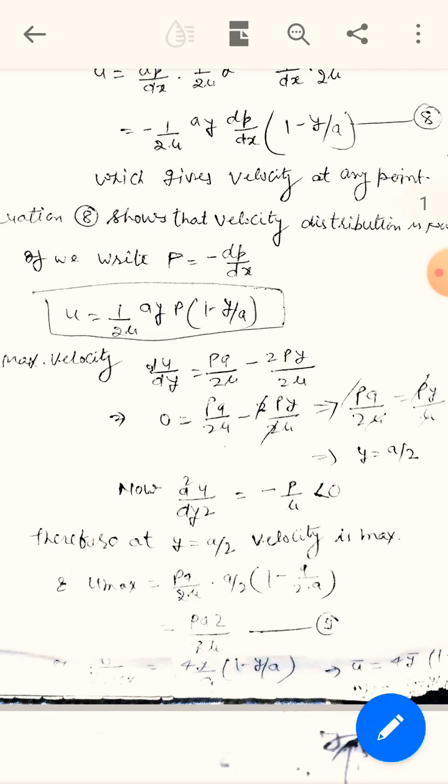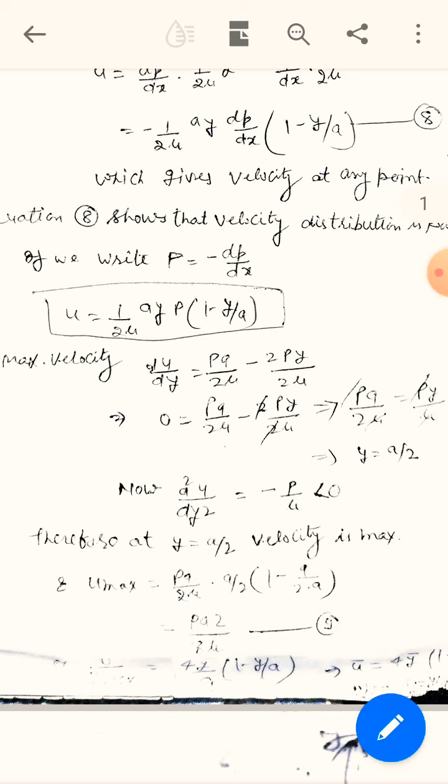For the maximum velocity, first we differentiate velocity u with respect to y. Then du by dy is equal to 0, which means y is equal to a by 2. When we differentiate a second time, we get minus capital P upon mu, which is less than 0.